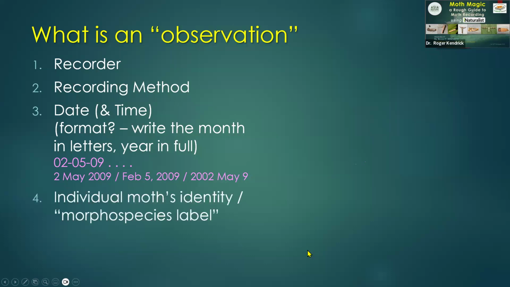Now, identity. If you don't know what it is, don't try and assume that iNaturalist or any other citizen science database can identify it for you. AI is not 100% foolproof.